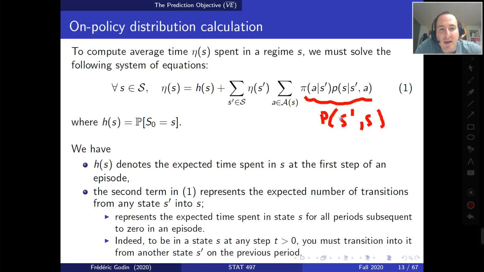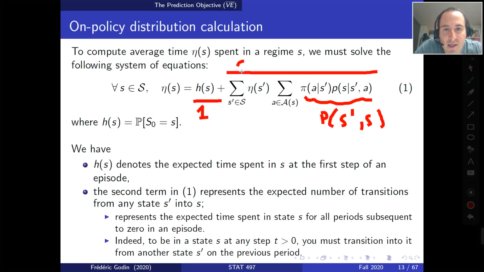Here we don't give the proof, but is there a way to understand this formula? The average time spent in state S is the percentage of time you're in state S in the first period, plus the average time spent in state S for all subsequent periods. So this is for period 1, and this is for all other periods. How can we see this?